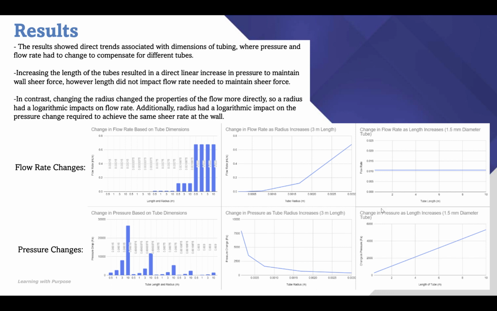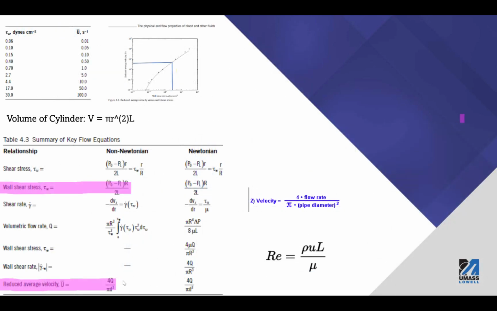We found that as we increased the length of the tube, there was a linear relationship with the amount of pressure you had to apply in order to keep the flow rate and the shear rate at the edge of the tube the same, which is what we would expect based off of the equation shown here for the wall shear stress, where it is in direct relation to the radius and the length.